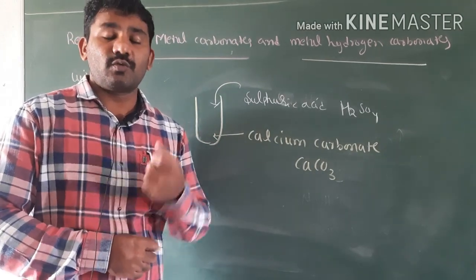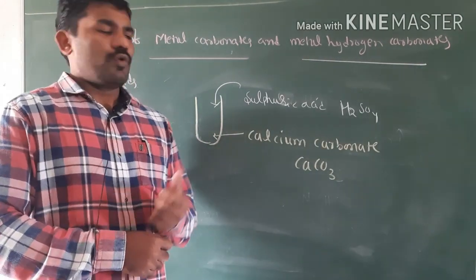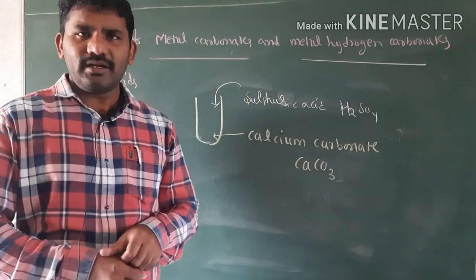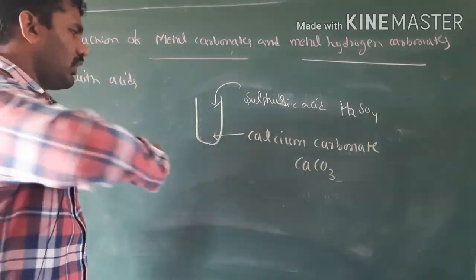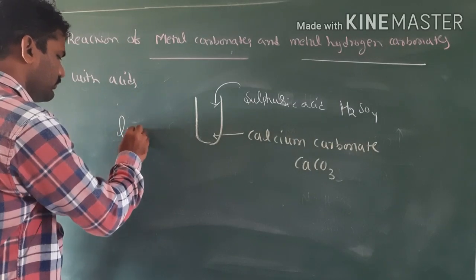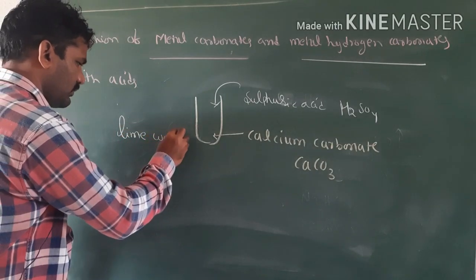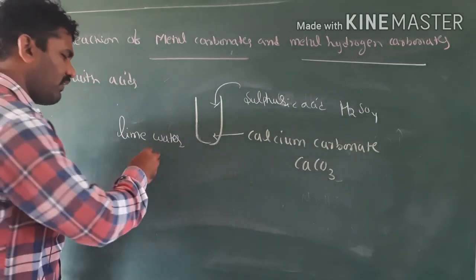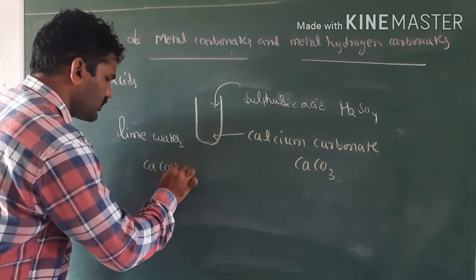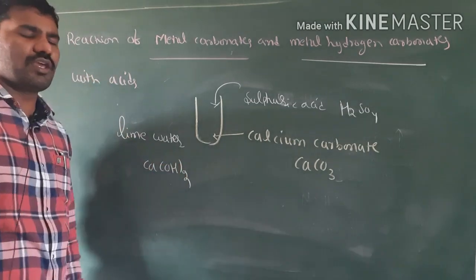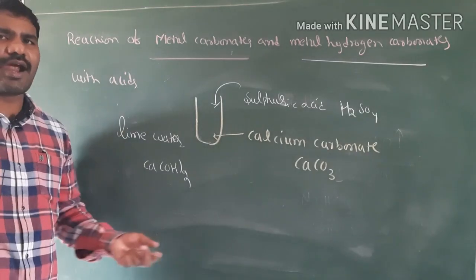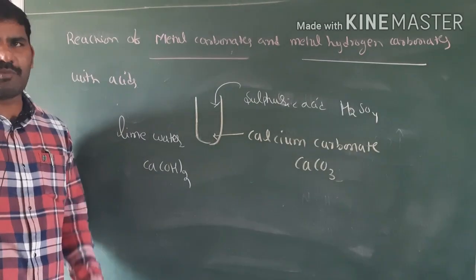Now, let us try to understand what is that gas liberated. When you send the gas liberated through lime water, the formula of lime water is Ca(OH)2. Simply, if you take a little amount of lime and add it to water, that is nothing but lime water.